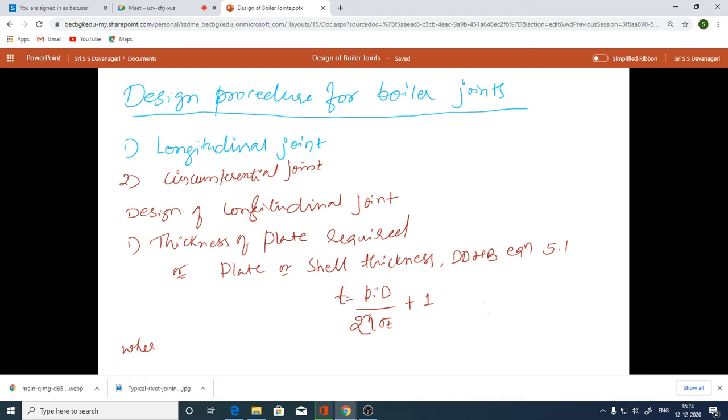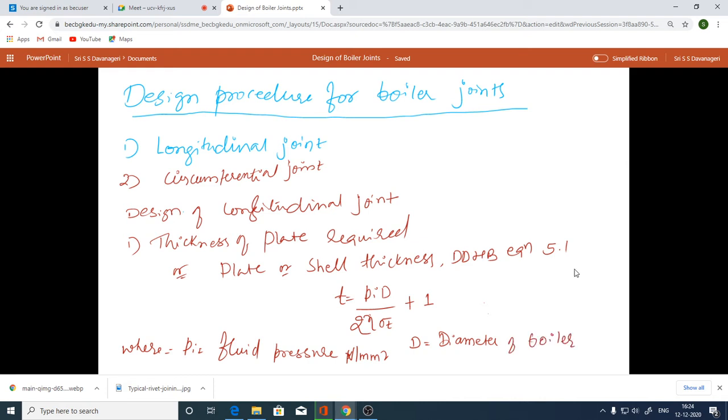So where Pi equal to fluid pressure, and this is in Newton per mm square. Next, capital D is diameter of boiler.